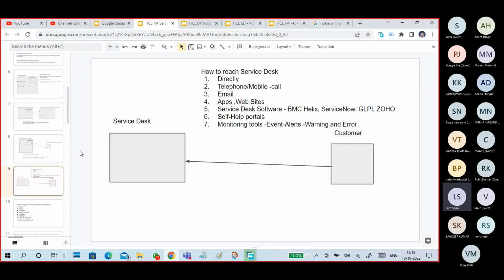Guys, the service desk is not always about the customer. Service desk is also about infrastructure management.